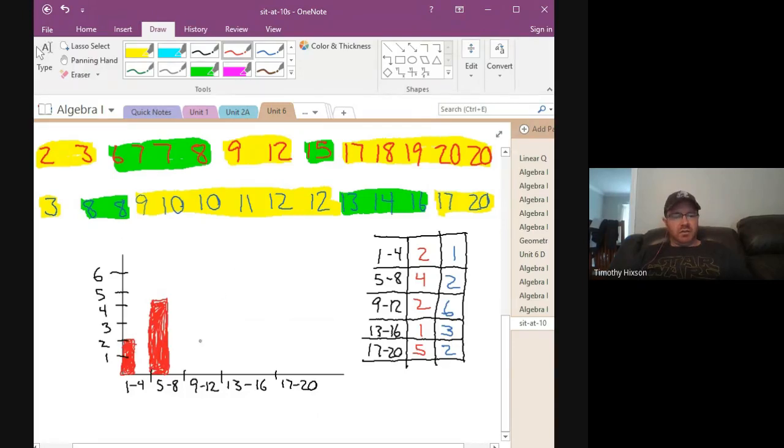And then there are 2 in the 9 to 12 range. Shorter one, easier to color. In the 13 to 16 range, there was only 1. And then in the 17 to 20, there were 5.